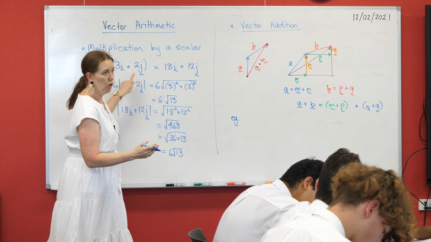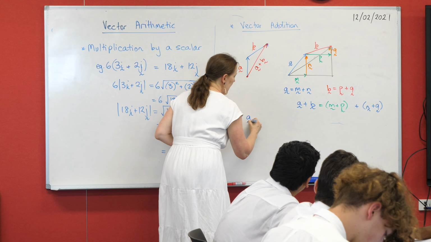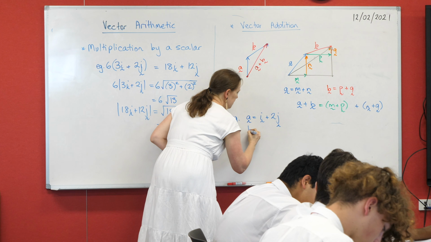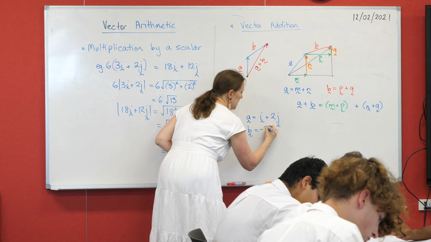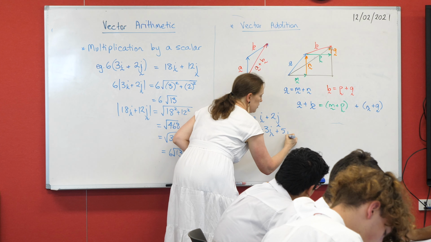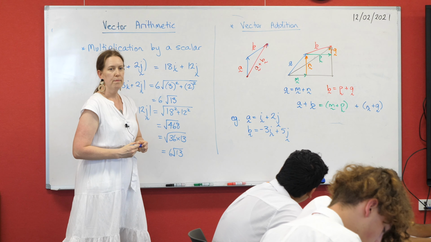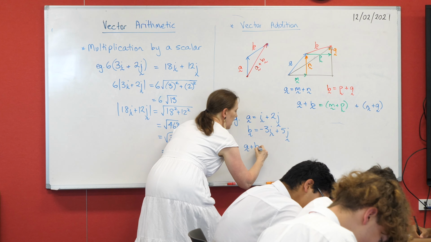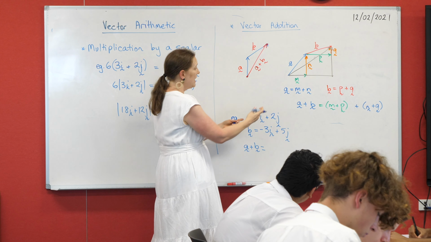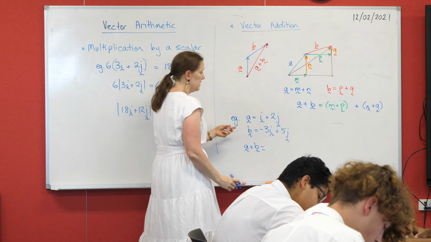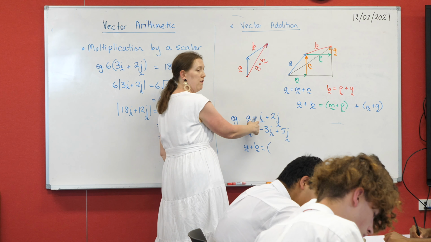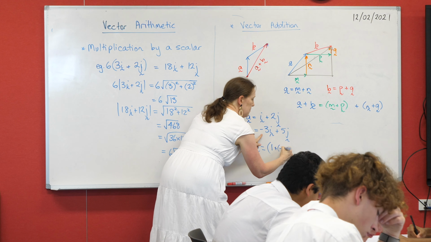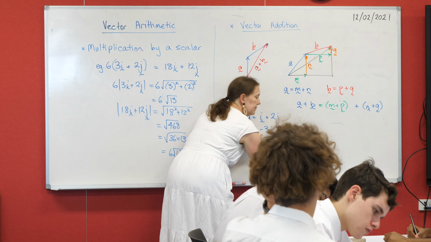In component form, let's say vector A is i plus 2j, and vector B is minus 3i plus 5j. When we are trying to work out my resultant vector, A plus B, I can just add my component vectors. So what's the number in front of the i here? 1 plus minus 3.